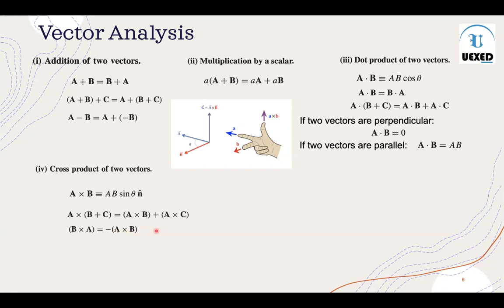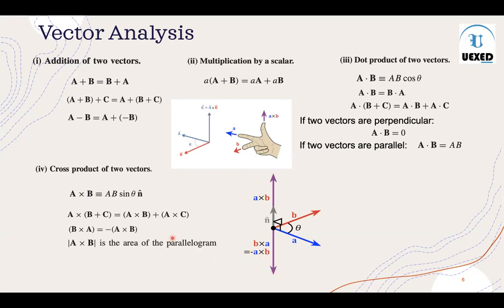That means, if you see in this figure, it is going to point in the negative direction. So you have two vectors A and B, A cross B goes in this direction with n cap, but B cross A is minus A cross B, in the negative direction. These are some of the important things I wanted to tell you.